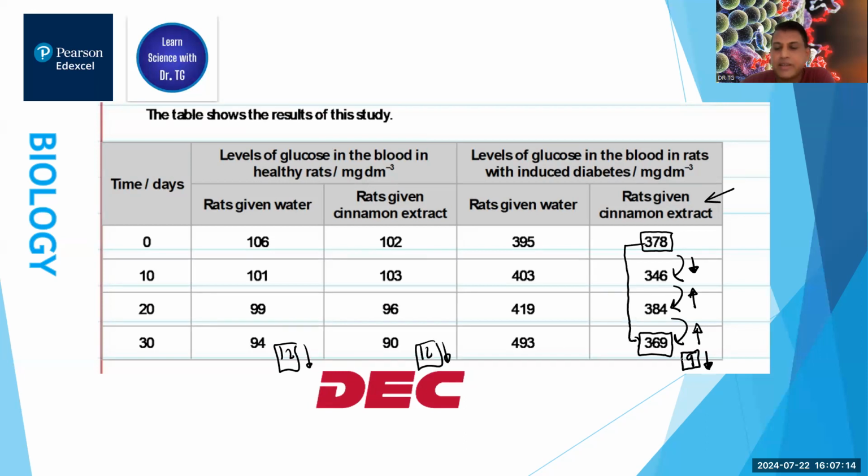So comparing that, we can't say 9 is a decrease, but we can say with these two groups, the glucose level remained constant. So they regulate. This kind of increase and decrease, we use the word fluctuate. Fluctuate and regulate.